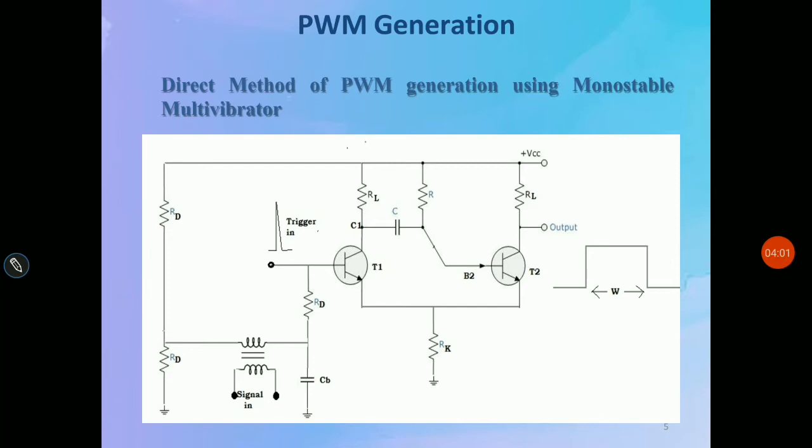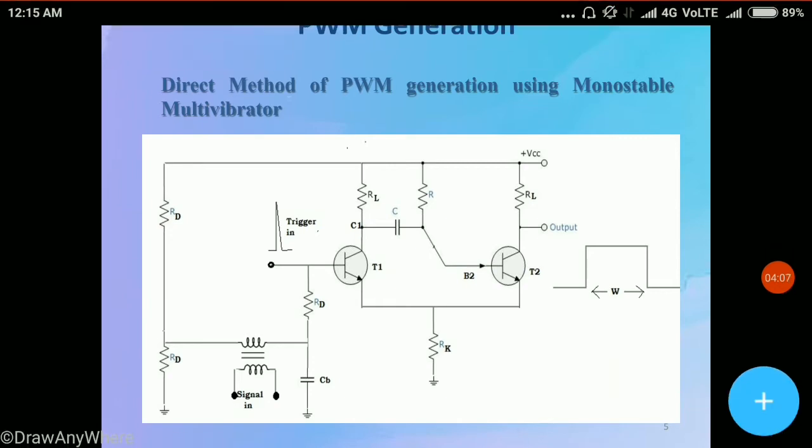Now the applied trigger pulse, given at the base of T1, switches T1 on. The voltage at C1, the collector 1, falls as T1 begins to draw collector current.